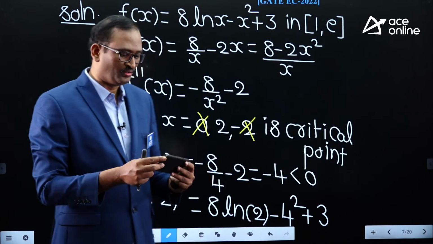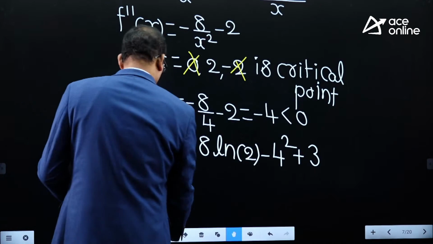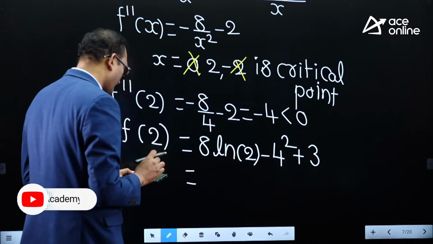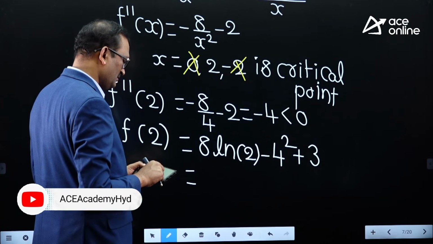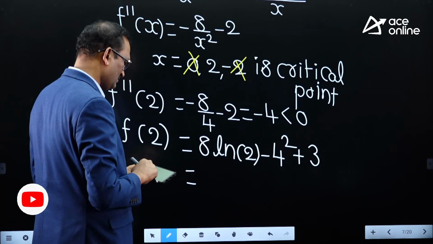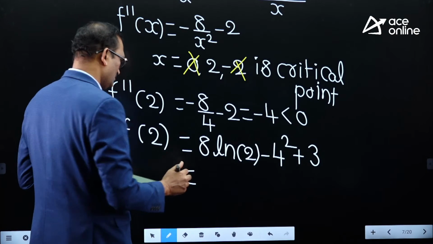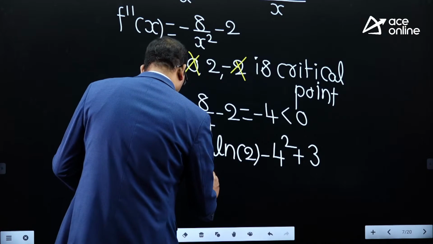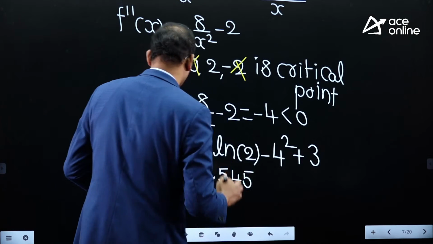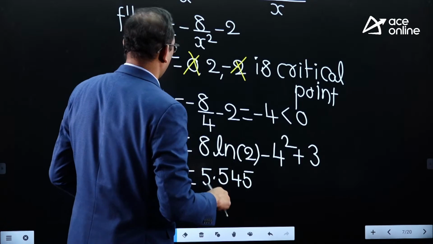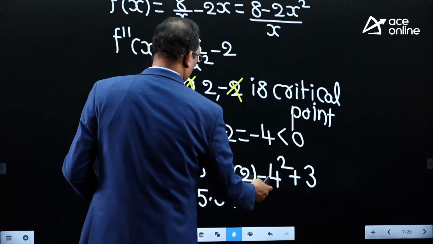8 into ln 2, calculator 8 times ln 2. This is 5.545, minus, let me check this value, minus x square.